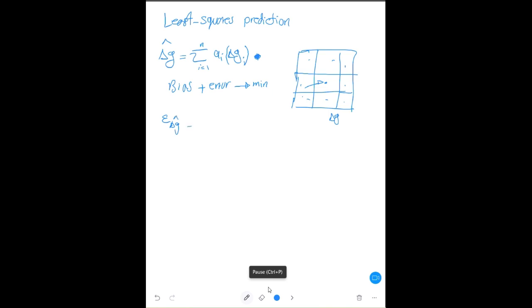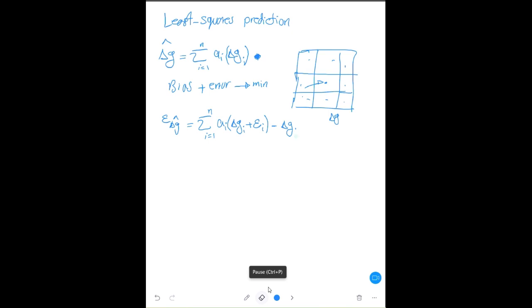Let us derive the error equation for this estimator: the summation over i, over the cells, of the coefficient a_i times delta G_i plus the error of delta G_i, where epsilon is the error of the gravity data, and this term minus delta G at the prediction point. I have to write this, otherwise I cannot make an error equation.